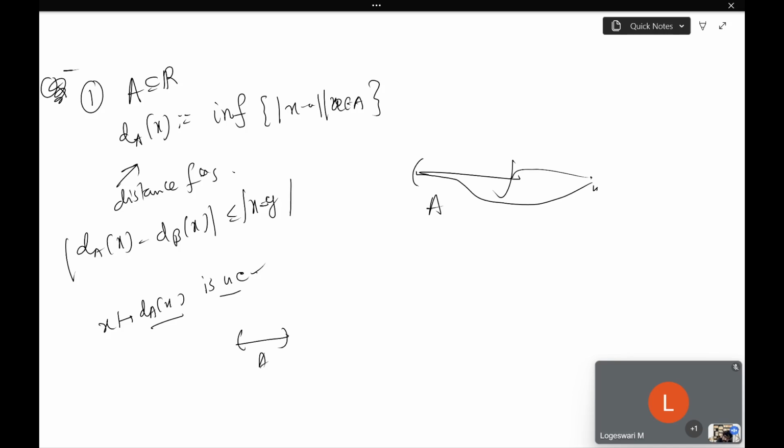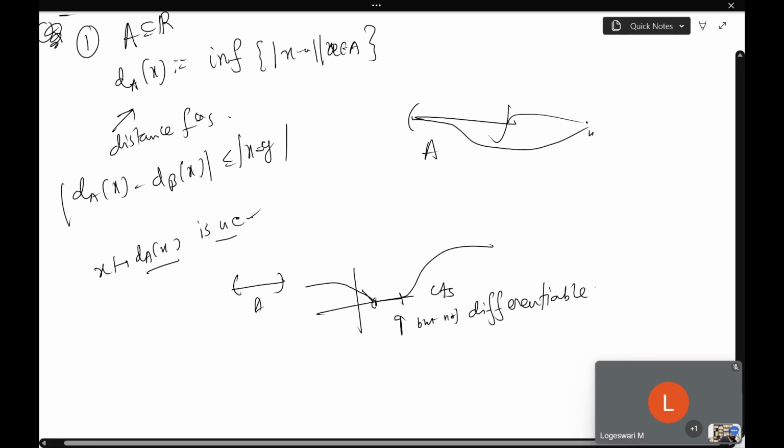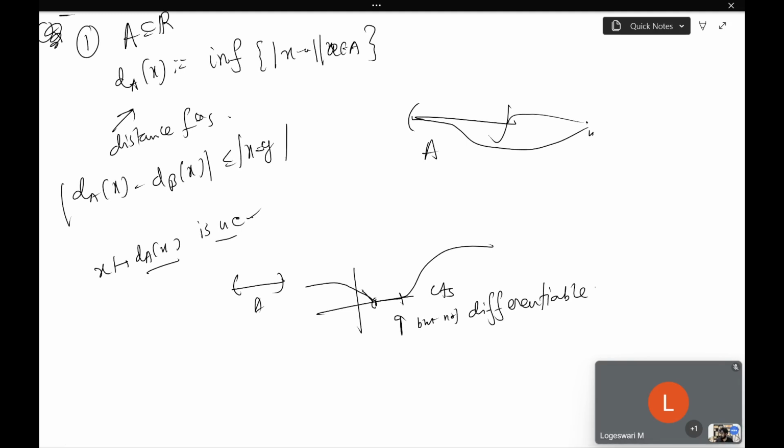Suppose we have some set A like this. On the portion A, it will be exactly 0, and then it will increase gradually. Remember, these are continuous functions but not differentiable.